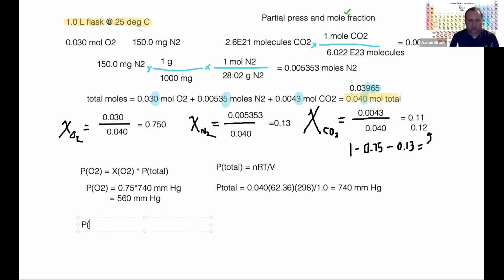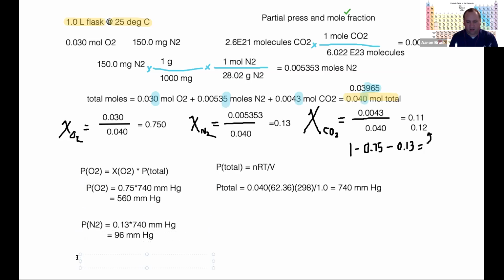The partial pressure of the nitrogen would be equal to 0.13 multiplied by 740. 0.13 multiplied by 740 is 96 millimeters of mercury.